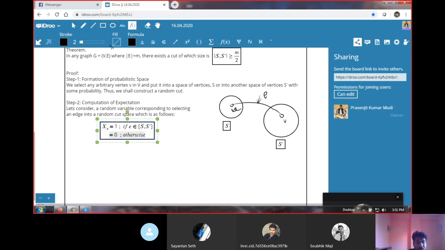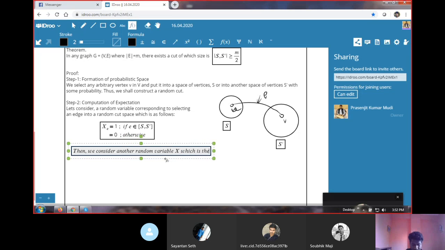Okay. So then I can say that, consider another random variable x, size of cut S, S bar.